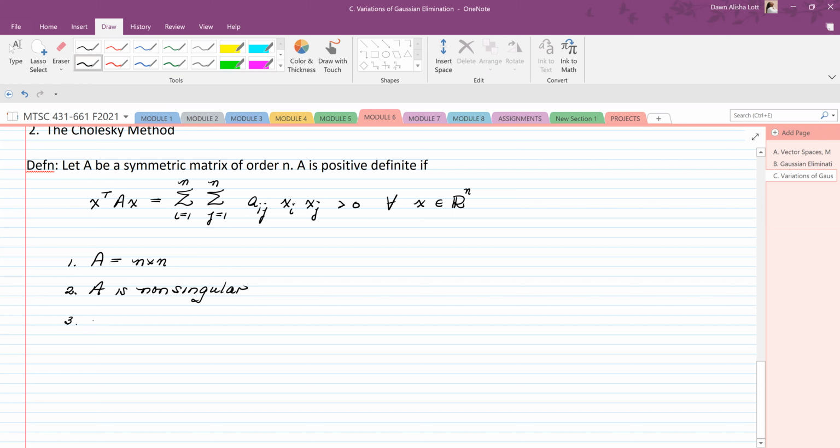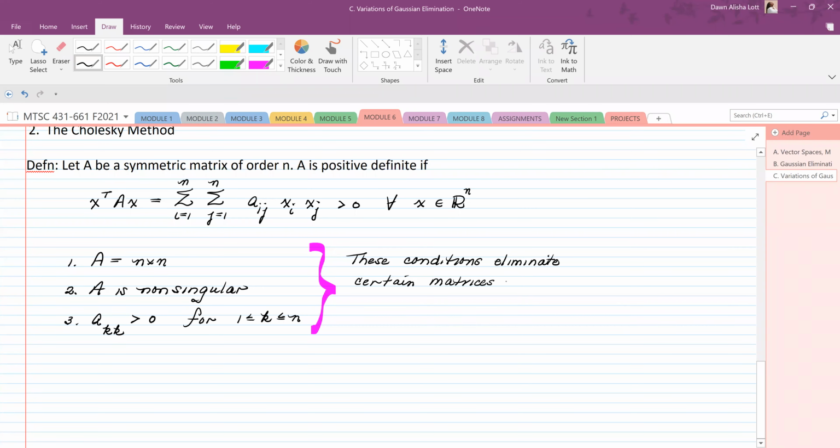And 3, AKK has to be positive, so all the diagonal entries are positive for K from 1 all the way up to N. So these conditions right here eliminate certain matrices from consideration. Okay.